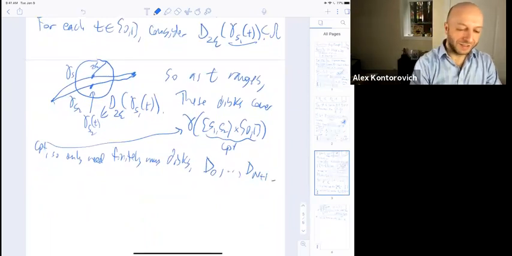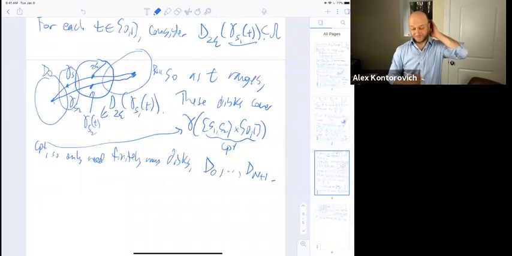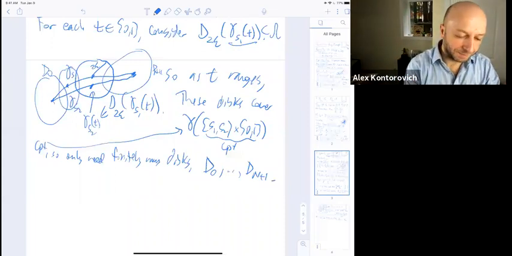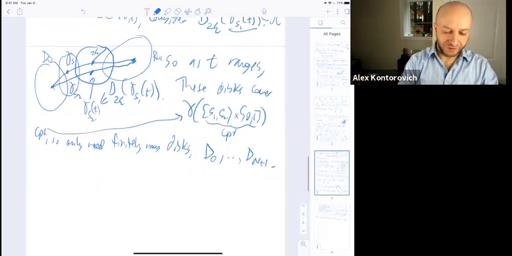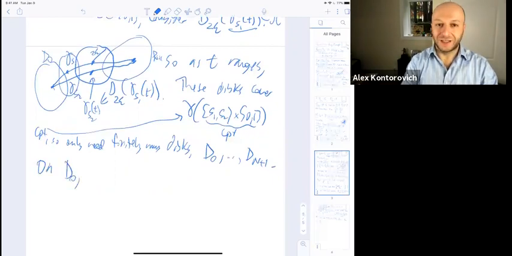Okay, so now I have these disks. Here's D0 and here's D1, and they're centered at these points. And here's the last one, Dn plus 1. Okay, let's do a slightly simpler version of the argument. There's a more complicated thing in the book that I don't actually like as much. On D0, D0 is a nice disk.